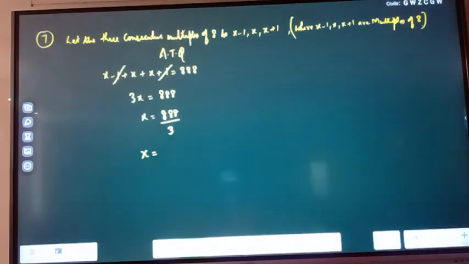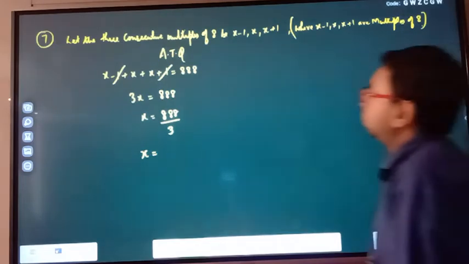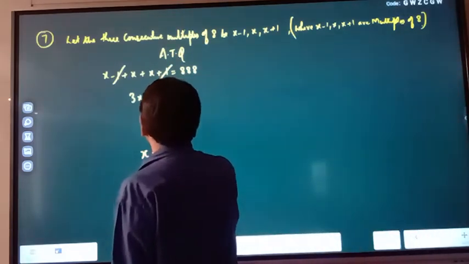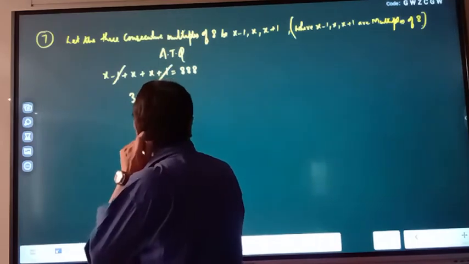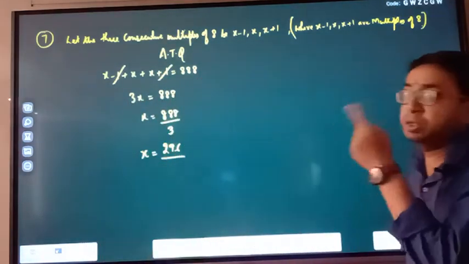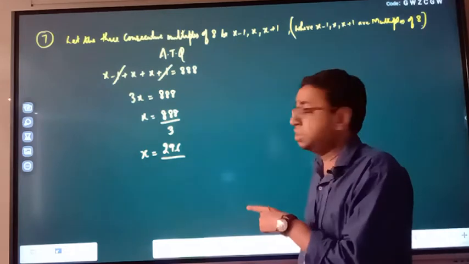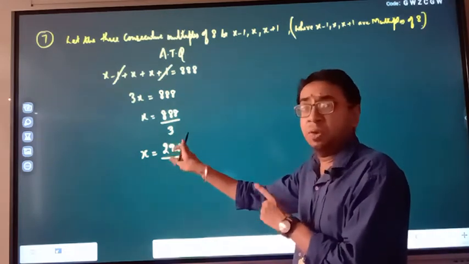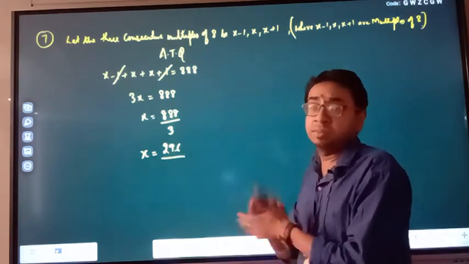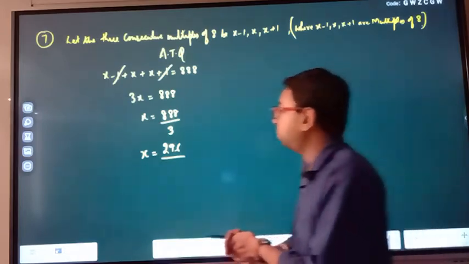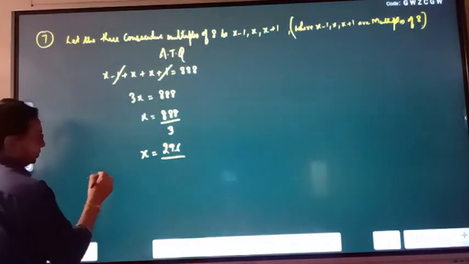You have to tell me the value of x. I think you will be getting x as 296, I believe. 296, correct. The x value is 296 and 296 is a multiple of 8. You can clearly check: 8 times 37 is 296. Clear? It's a multiple.